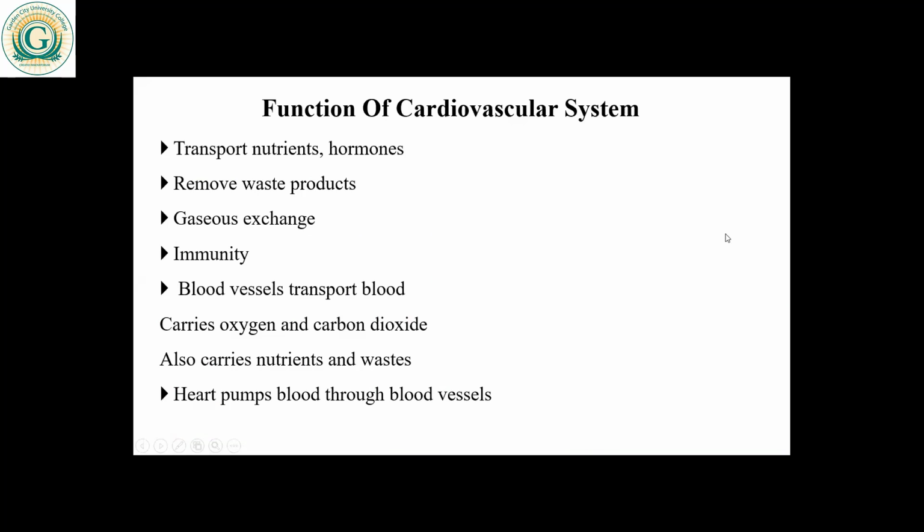Looking at the main functions of the cardiovascular system, the first one is transport of nutrients, hormones, and other vital substances cells need, and removal of waste. We are saying gaseous exchange, that is transporting carbon dioxide out of the body through the alveoli, the lungs, out of the system.